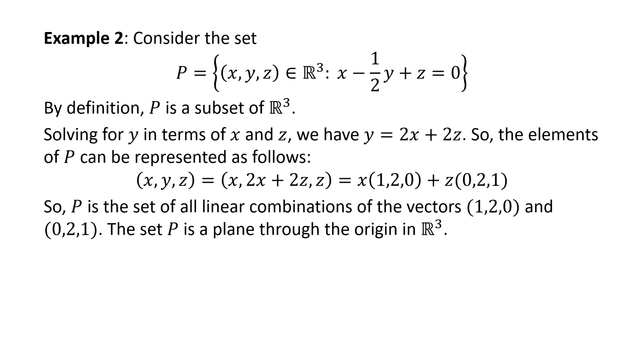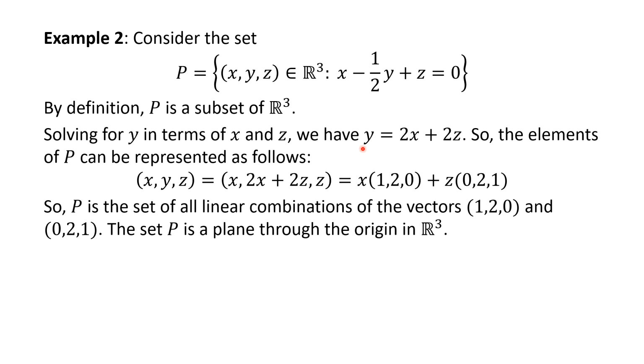Let's take the set P of all triples x, y, z in R3 such that x minus 1/2 y plus z equals 0. So by definition, P is a subset of R3, but we want to show that it's also a subspace. So let's try to quantify this condition a little bit better. We can solve for y in terms of x and z.